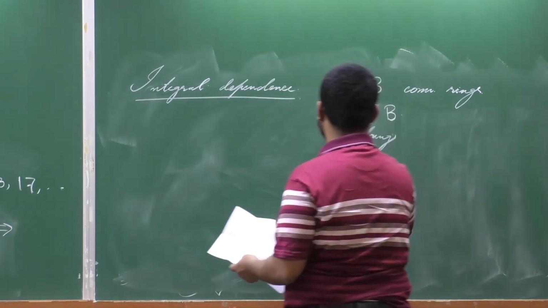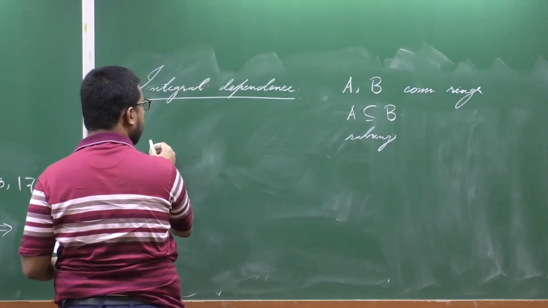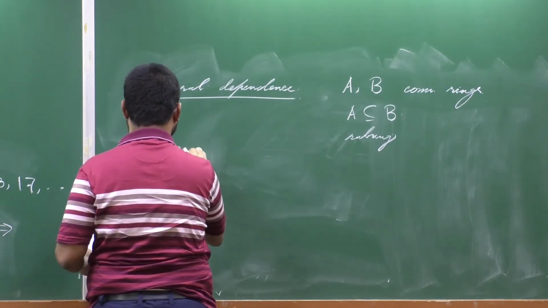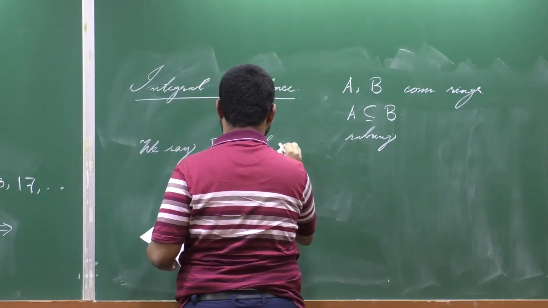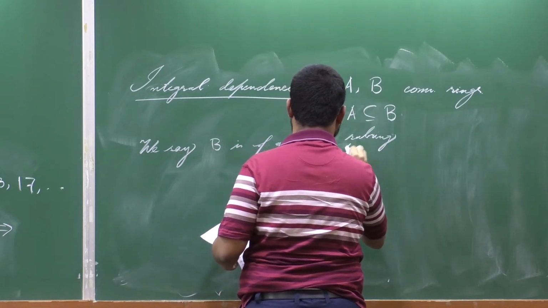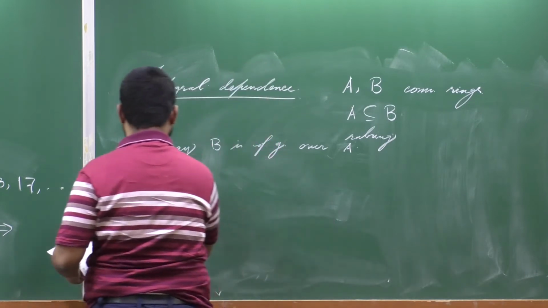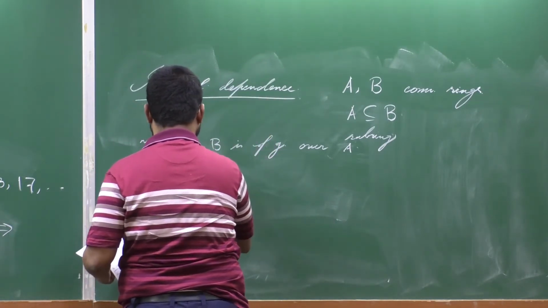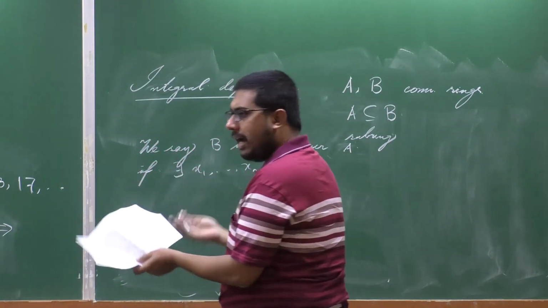So this is the setup we have, and let me also introduce a terminology: we say B is finitely generated over A. So this bigger ring is finitely generated over the smaller ring, the subring, if there exist x1 up to xn in B which act as generators.